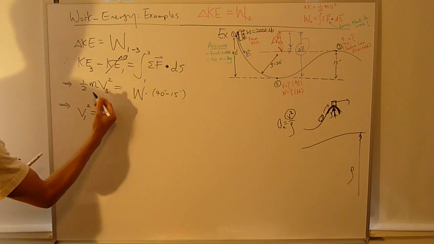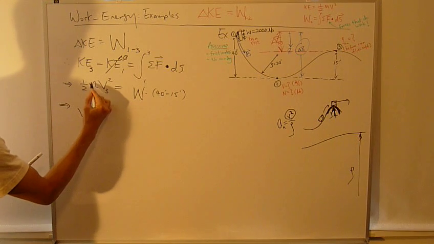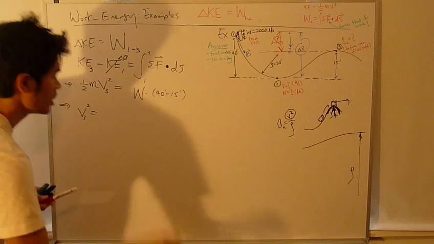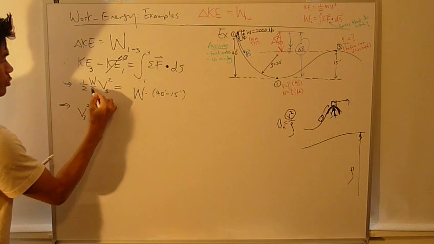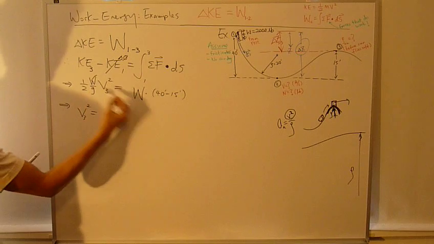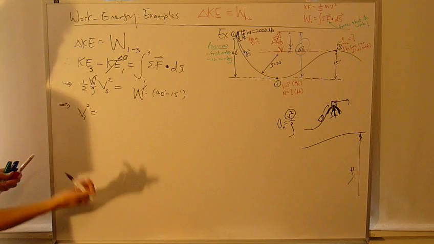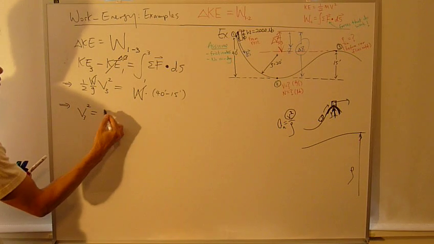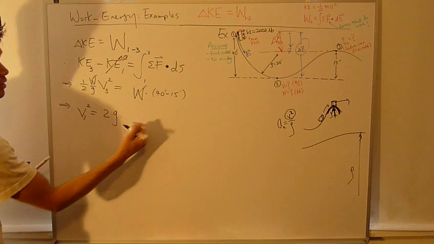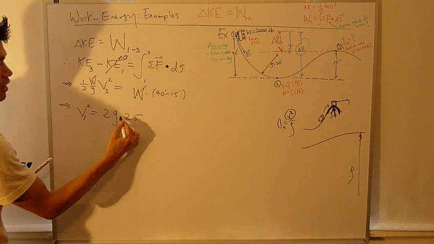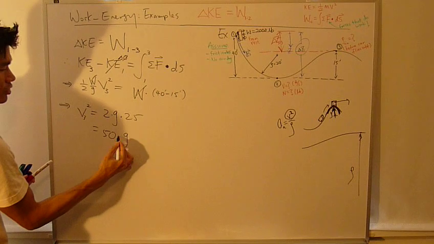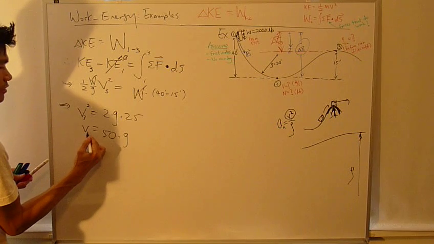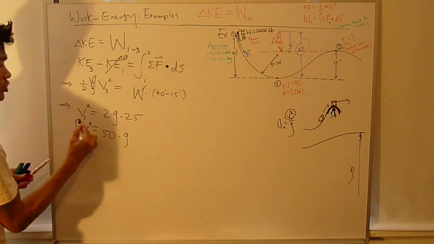The mass is weight divided by g. Weight and weight disappear, they cancel out. So 2g times 25 feet, this is 50 times g. So v3 squared equals 50g.